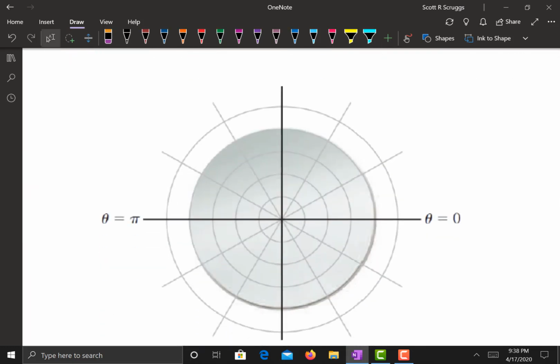And so what that means is I know my distance from the pole is going to be 1. So I'm going to start off at 1, and then I'm going to rotate that point 5 pi over 4 radians. So 5 pi over 4, what that means is I rotated 1/2 of the circle.